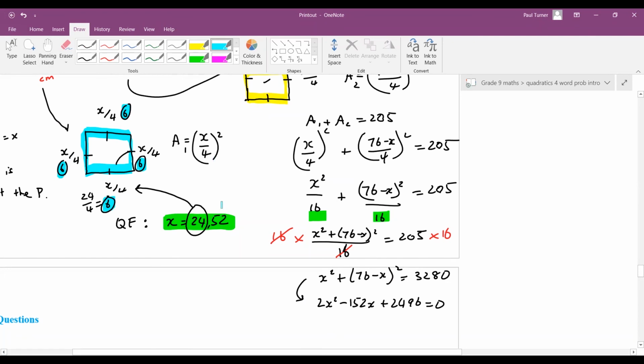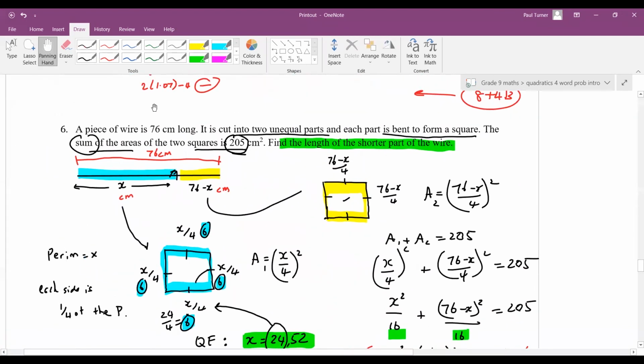We don't need to use the 52. So your length of the shorter wire is 6 times 4, which is 24 centimeters. So that's actually your answer there. That's the length of your shorter wire.